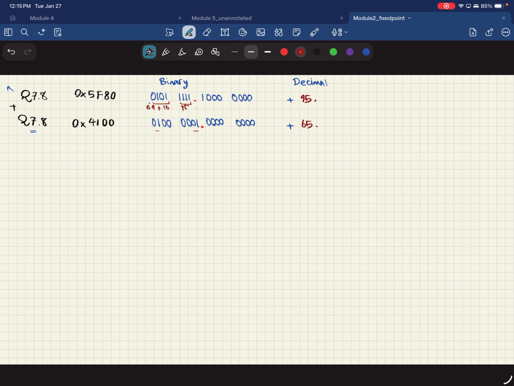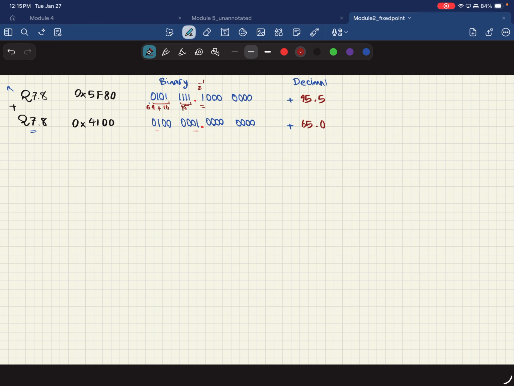Then we go to the fractional part, which we calculate by multiplying by 2 to the power of minus something. The first one is minus 1, so this is 0.5, and this is 0. So you see how these two binary numbers in decimal became this.